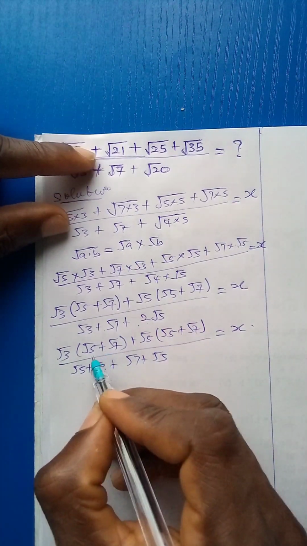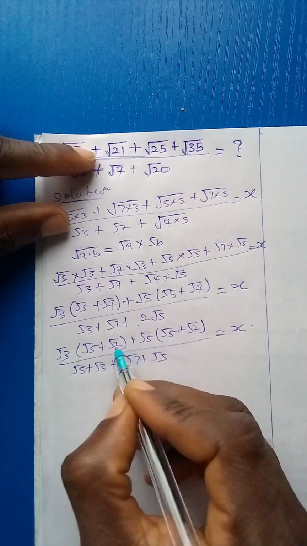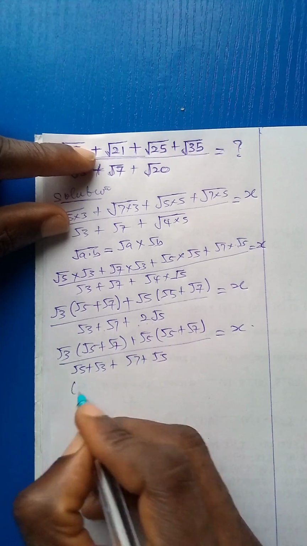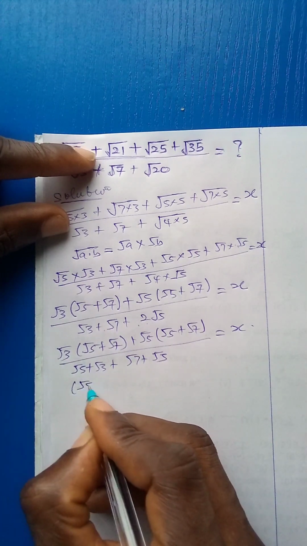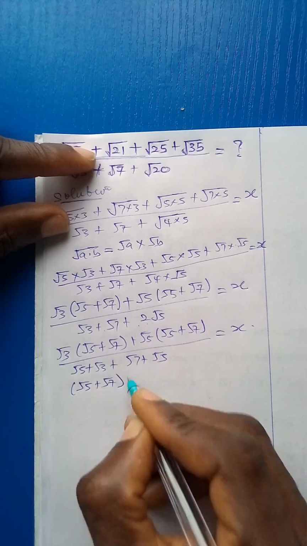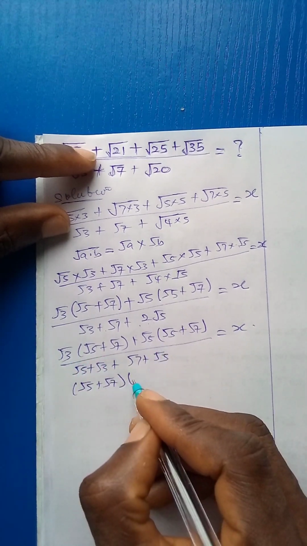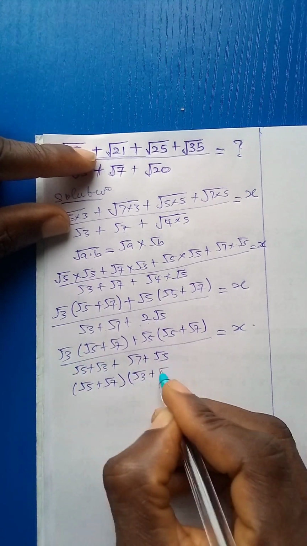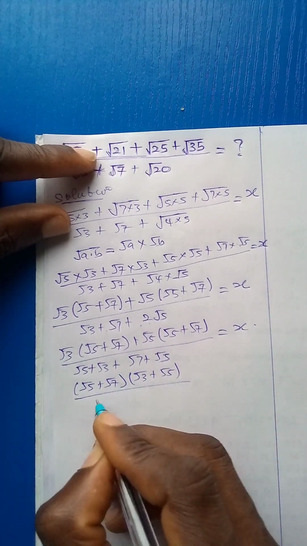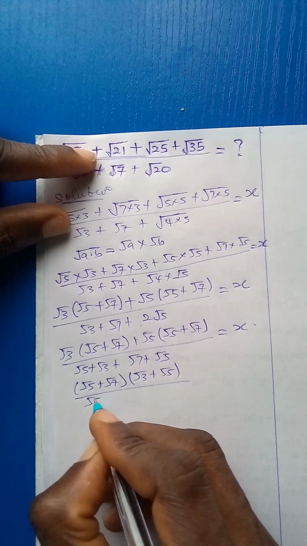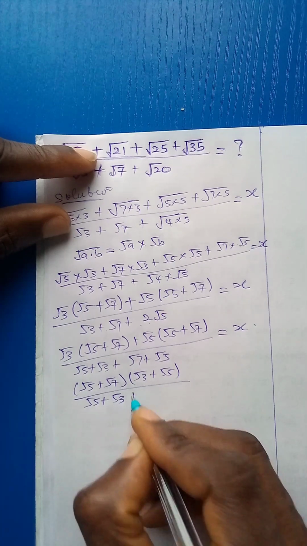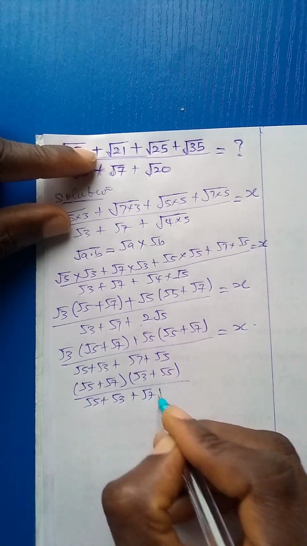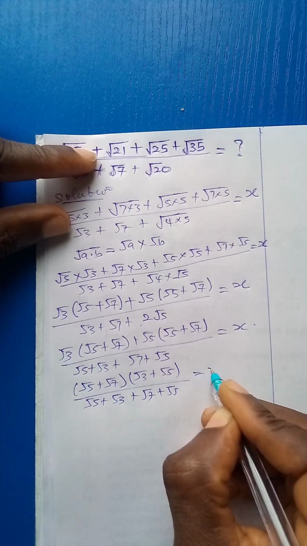I can still factorize since root 5 plus root 7 is common in these two brackets. So bringing them out, that is root 5 plus root 7. Then put these ones in the bracket, root 3 plus root 5 all over root 5 plus root 3, then plus root 7 plus root 5 equals x.